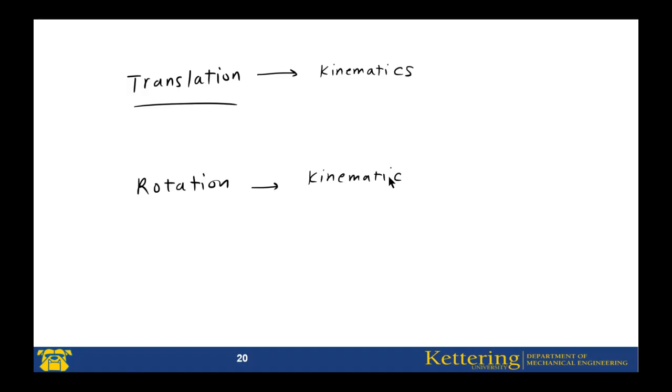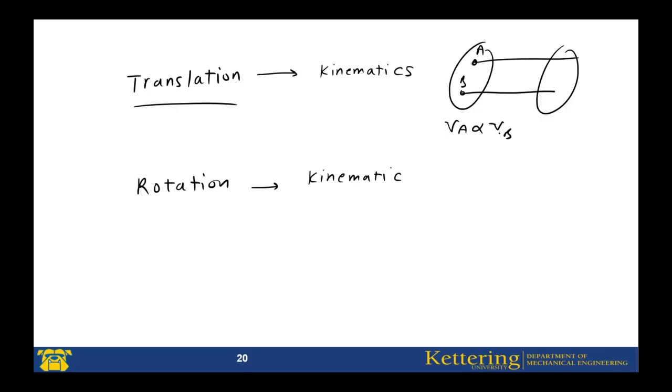For example, for a rigid body that has a translation motion, I want to relate the velocity of any points inside of this body together.